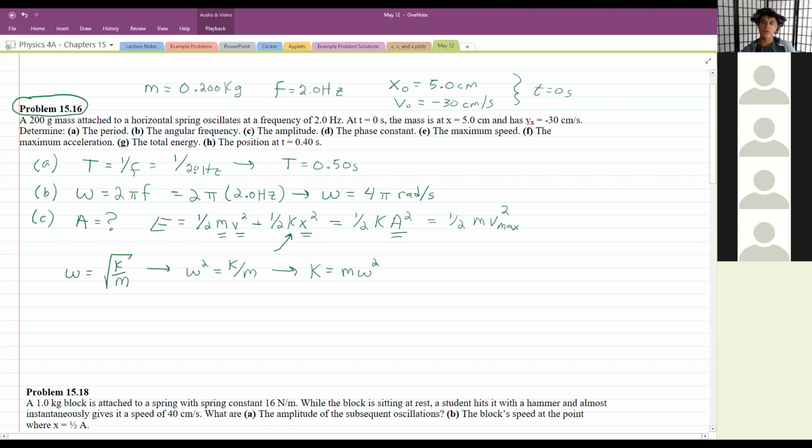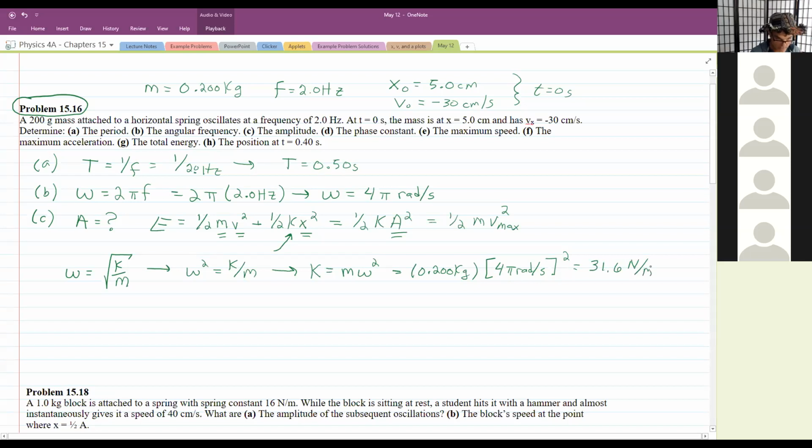If you're going to use this equation to solve for the spring constant, m must be in kilograms, omega must be in radians per second. So what I get is 0.2 kilograms times 4 pi radians per second, squared. And what you're going to get is k is 31.6 newtons per meter.